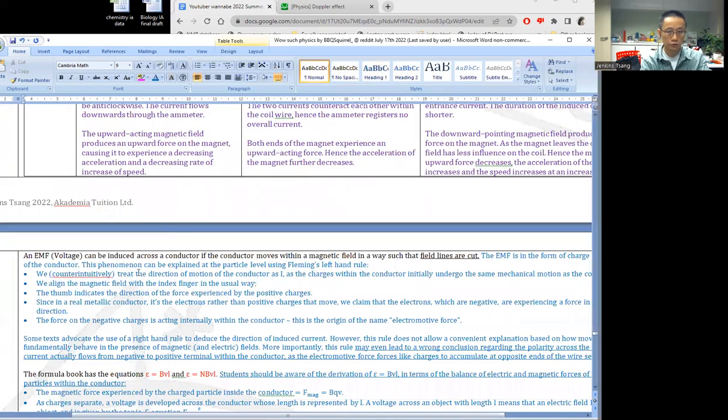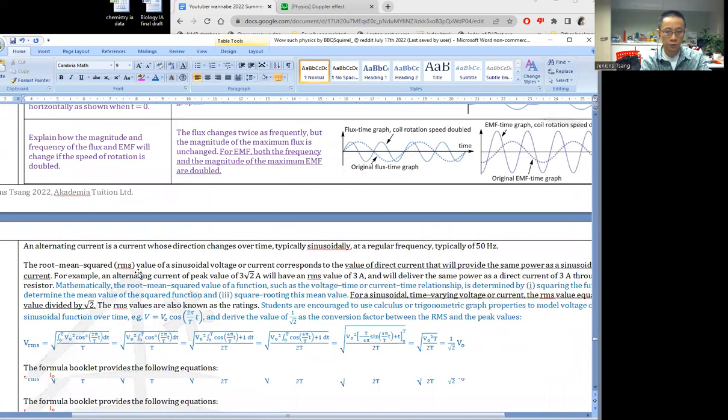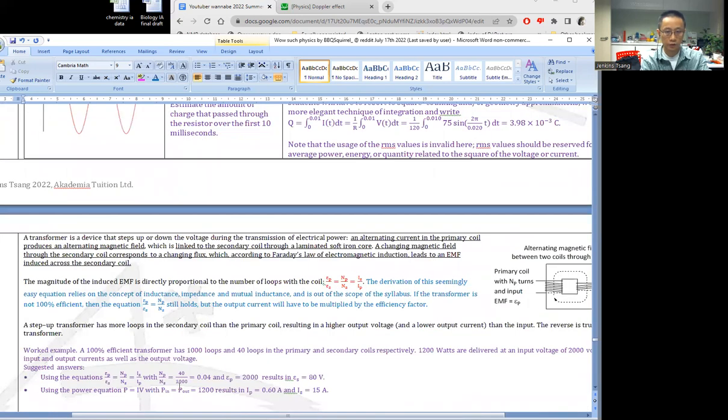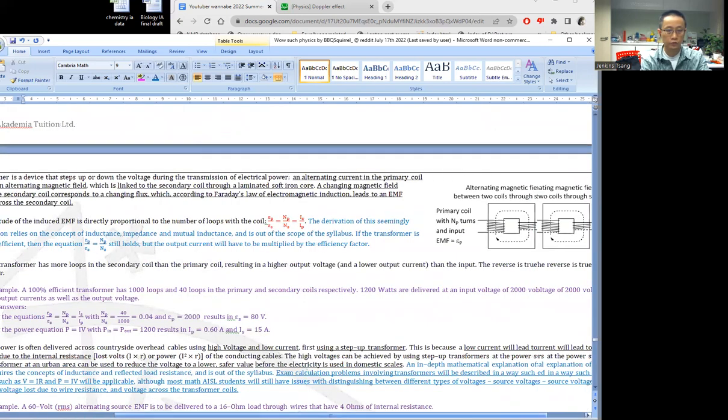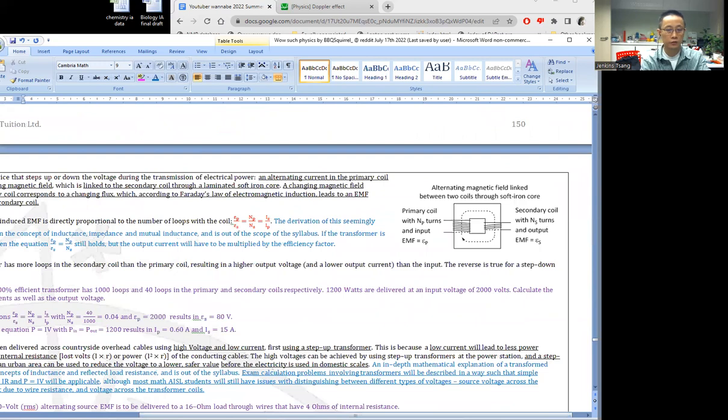As long as you remember the construction of a transformer, so there's an iron core with coils wrapped around. The iron core, however, is not meant to conduct electricity. The iron core is just meant to allow the magnetic field to channel from one coil to the other coil nicely.